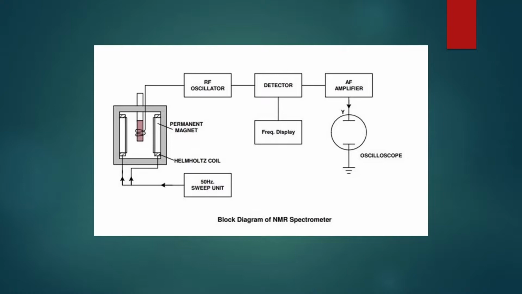The induction coil is a part of the tank circuit or tank coil of the oscillator. When the sample absorbs power from the oscillator, the watt load delta W changes. These changes will lead to changes in the base current, delta IB, or the collector current, delta IC, which can be determined.